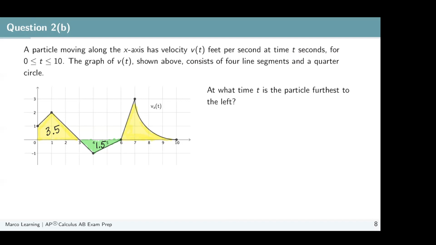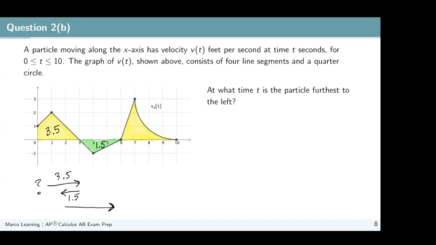If we want to know when was it furthest to the left, well, it starts out at some position, and then it moves a distance of 3.5 to the right, and then it turns and moves a distance of 1.5 to the left, and then it turns again and moves some distance, I haven't computed it yet, but some distance to the right.